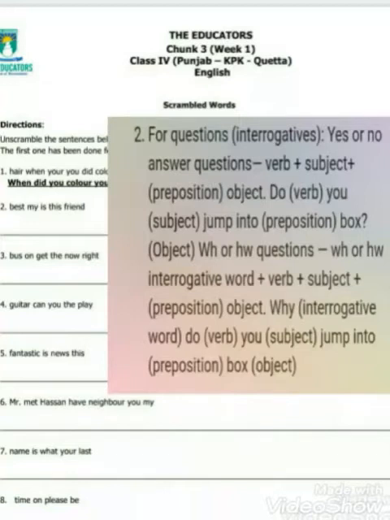For questions: interrogative, yes or no answer questions. Verb, subject, preposition, object. For example, do you jump into box?